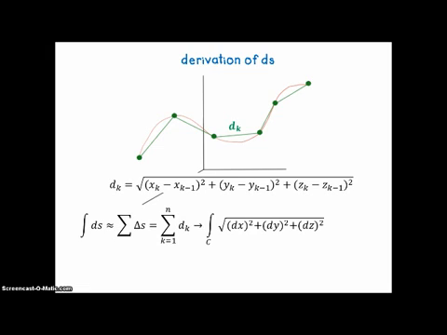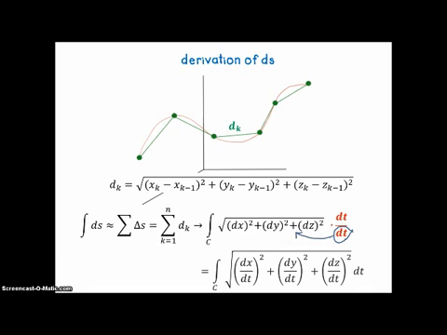Now this looks kind of funky, so we have a little trick we pull. We multiply by 1, well, a special form of 1, dt over dt, and we take that bottom denominator dt and put it inside the square root by squaring it, and so we get our familiar formula.